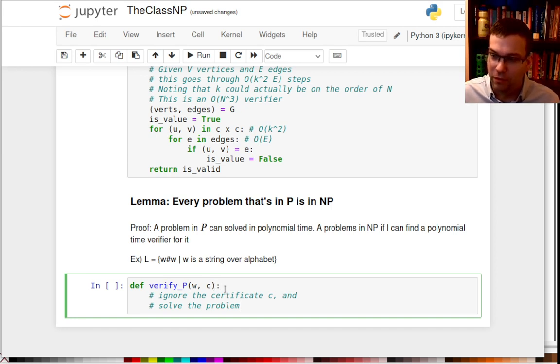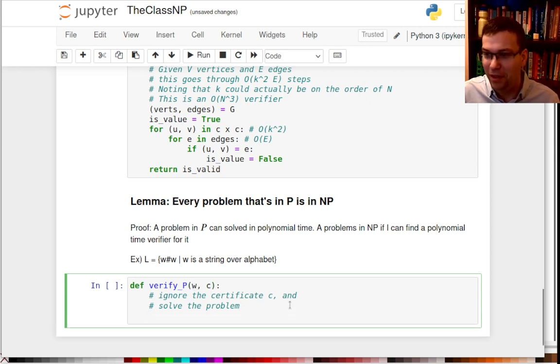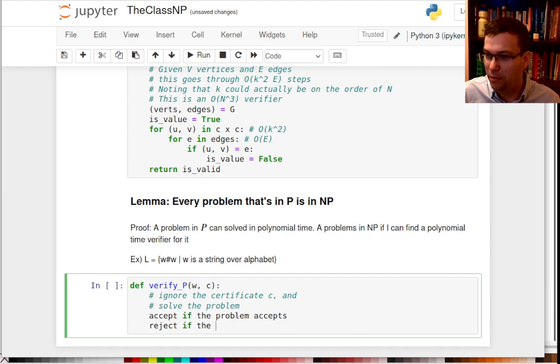I'm just going to ignore the certificate and just run my Turing machine on W, solve the problem, and accept the verifier if the problem accepts, or reject if the problem rejects.